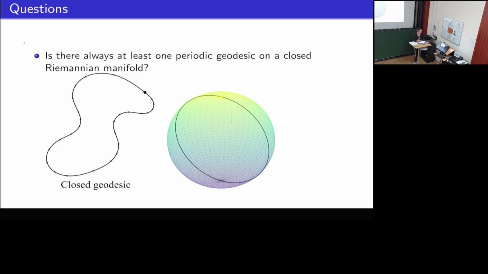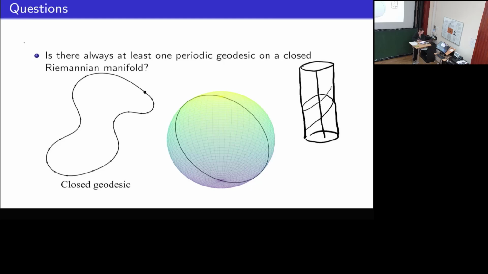That's clear. If you look at a cylinder, for example, a flat cylinder, there are geodesics of different type. On a round, standard sphere, all of them are closed. If you have a cylinder, there are geodesics that look like lines. There are geodesics that just wind around the cylinder.